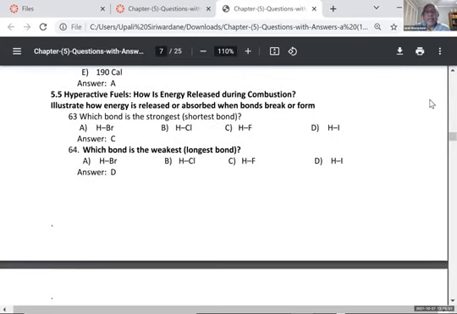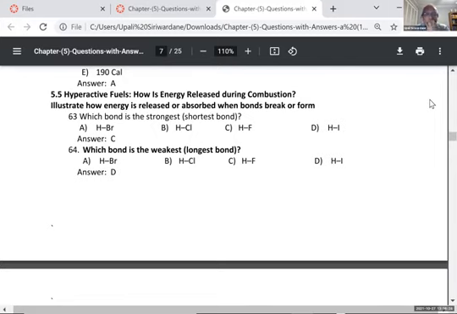So you have to look at the bond energies to know which produce more energy when they are formed. Which bond is the strongest and shortest bond? The smaller the atom, the stronger the bond and the shorter the bond. HF is the shortest bond.